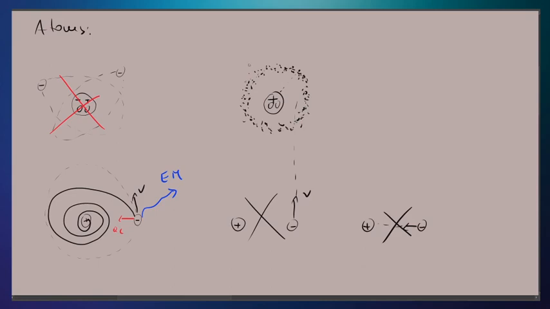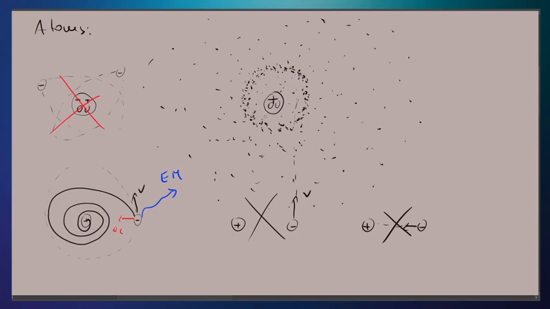To indicate that, I'm going to put fewer dots. Our calculations indicate that the electron could be just about anywhere there, and could be even closer, but the highest probability would be somewhere here.